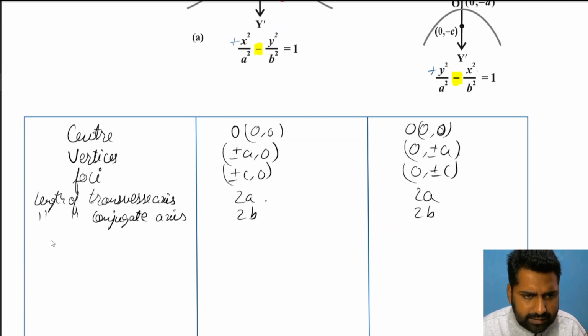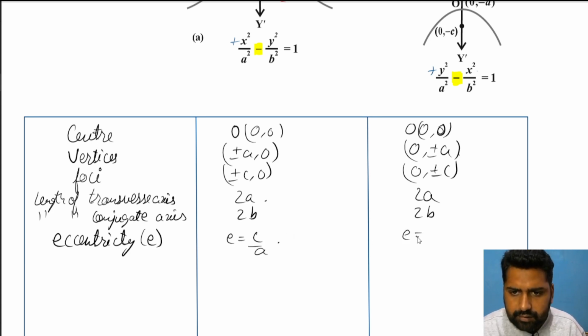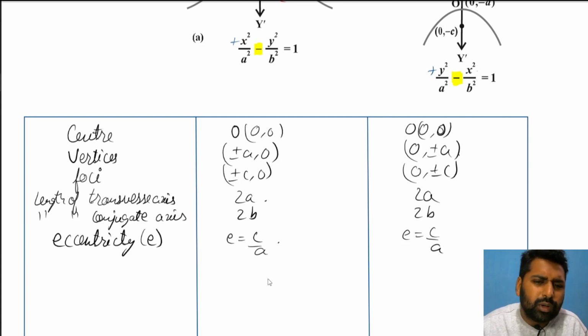Then you have eccentricity, one of the most important parameters. Eccentricity, E. The earlier formula was E equals C by A. Still the formula is C by A. So good thing that you don't have to learn anything new.